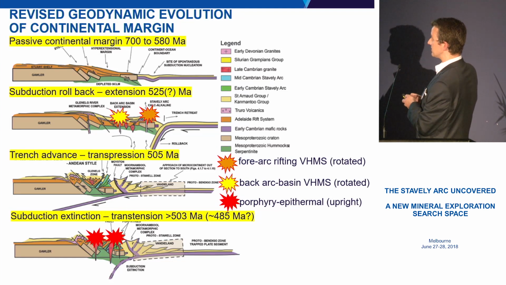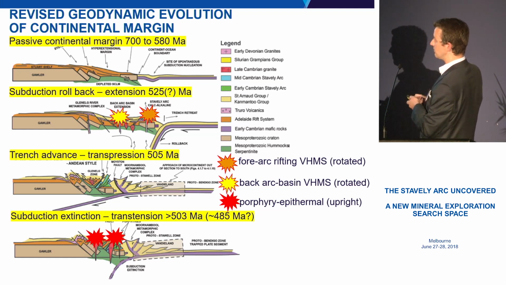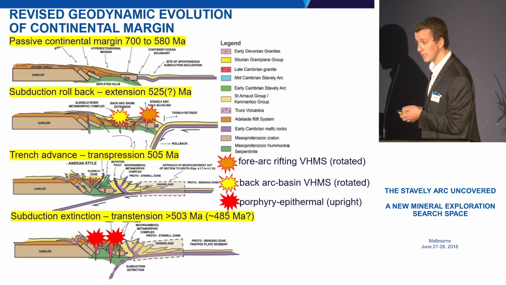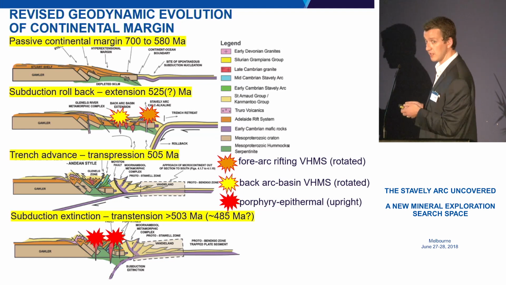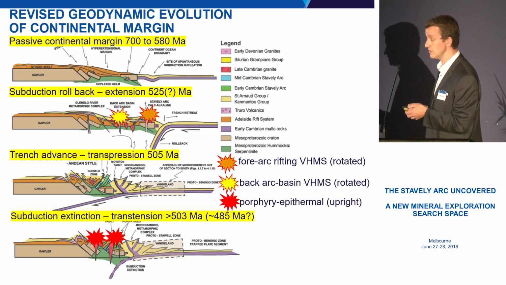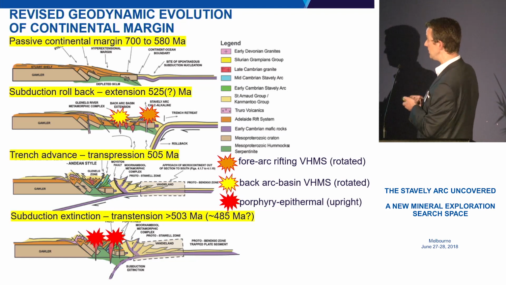We've discussed the relative positions of VHMS systems in the fore-arc and back arc, and remember that they're relatively early, potentially. So those will have gone through a lot of rotation during this transpression and would be preserved in a vertical orientation, potentially.